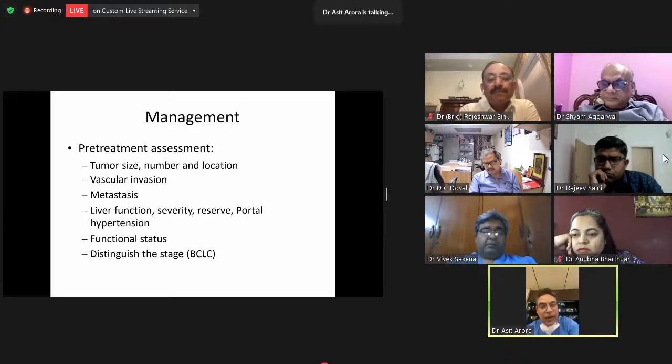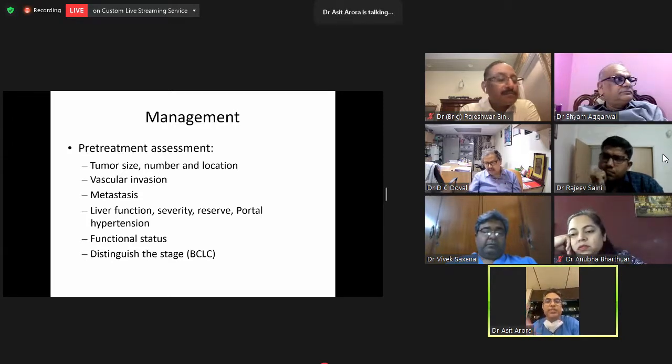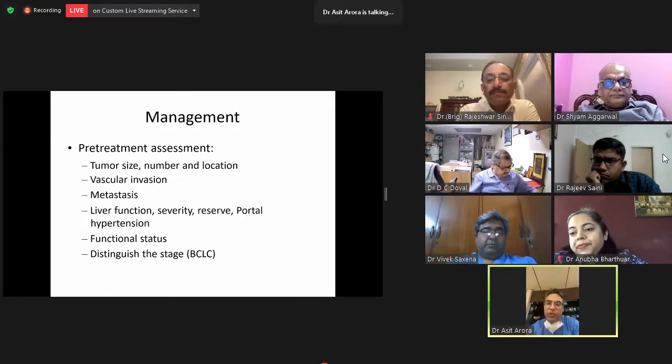But if it is a bland thrombus, then in this particular patient, one important contraindication is the AFP of more than 10,000. That is a contraindication for transplant. So if you ask me strictly for this patient, he's not a candidate for liver resection, and he's not a candidate for transplant.